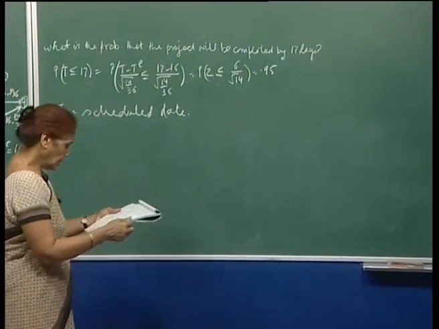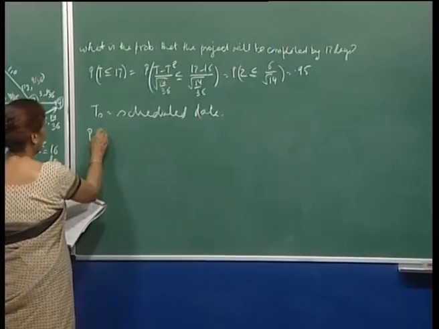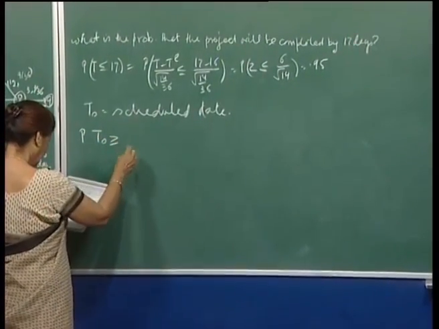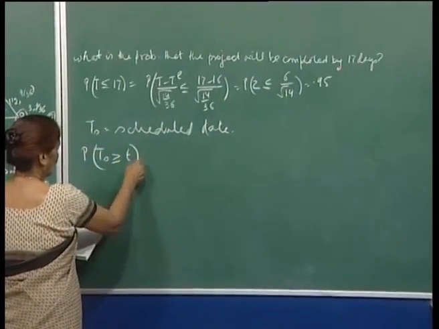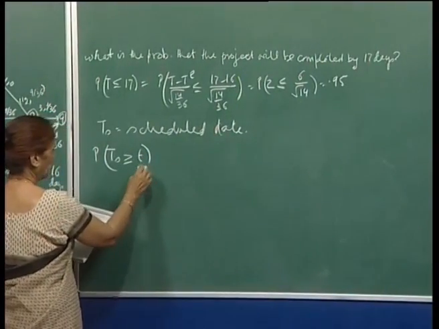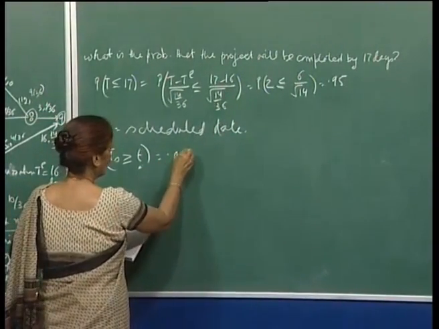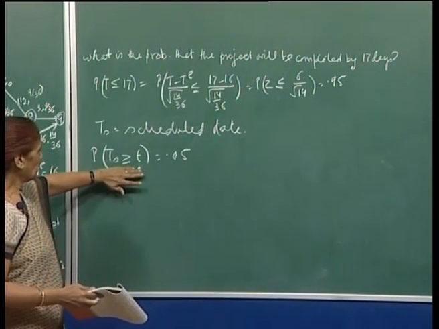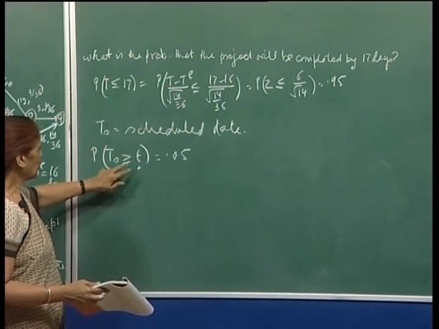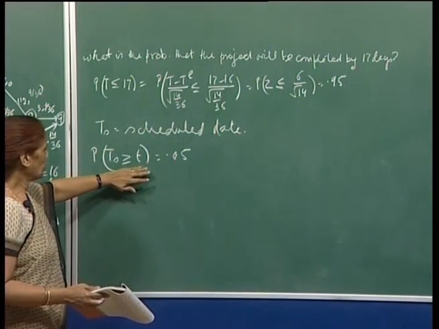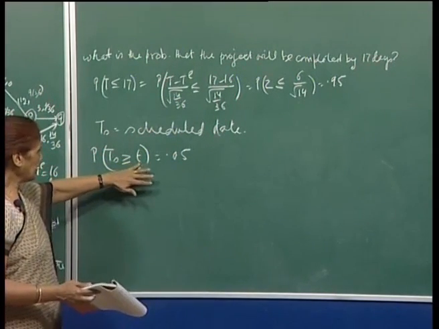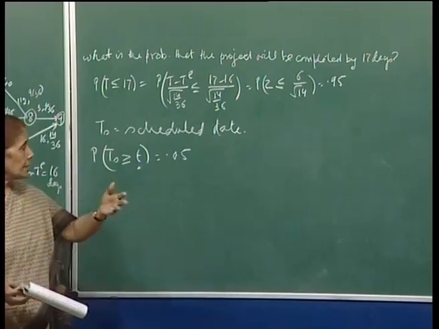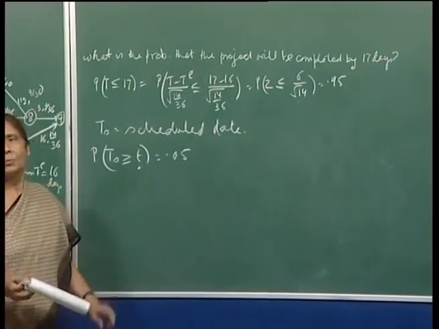So, you will ask the question: probability T s greater than or equal to T is 0.05. You want that, by a certain contracted date, the probability that the schedule date will exceed the contracted date should not be more than 0.05.